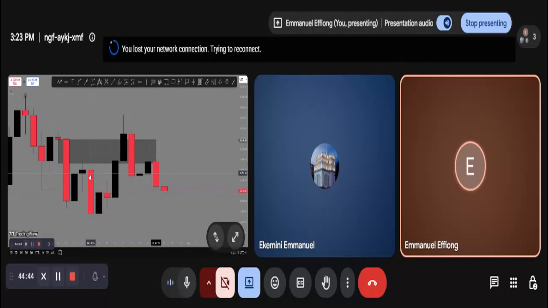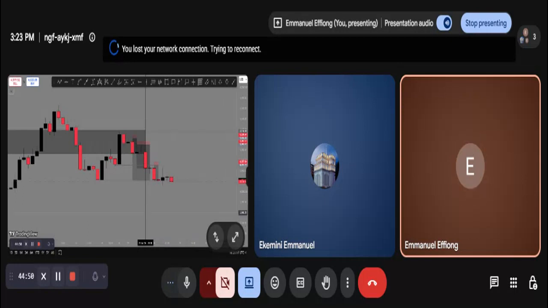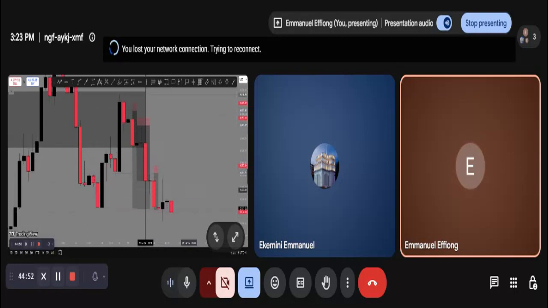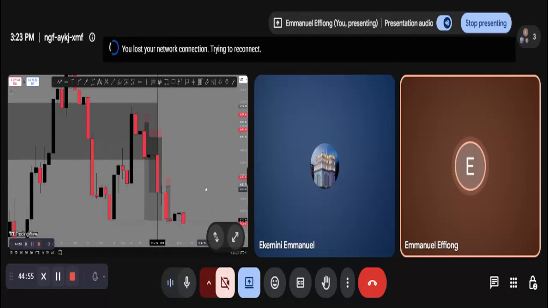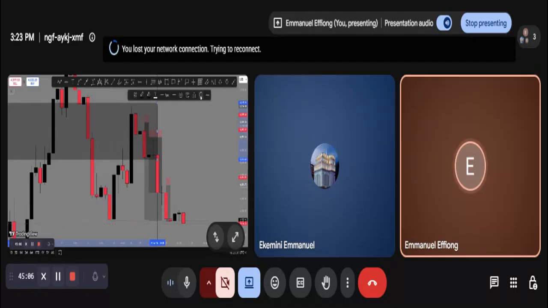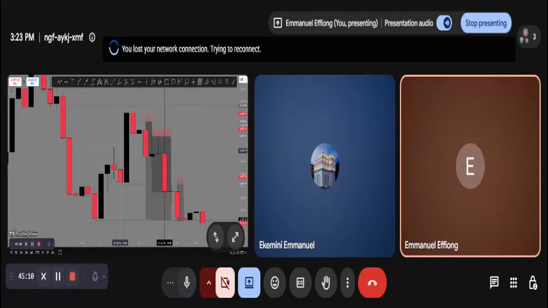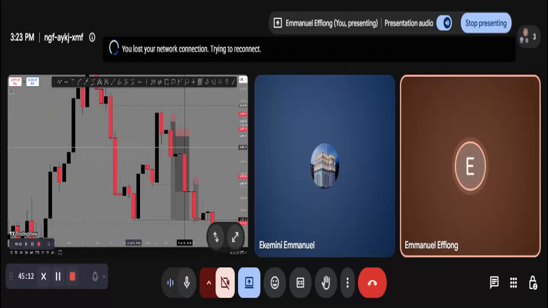If you go to the 4 hour time frame, you'll see that we had a normal rejection. Correct. So let me delete this zone. Do you understand that daily time frame now? Yes.